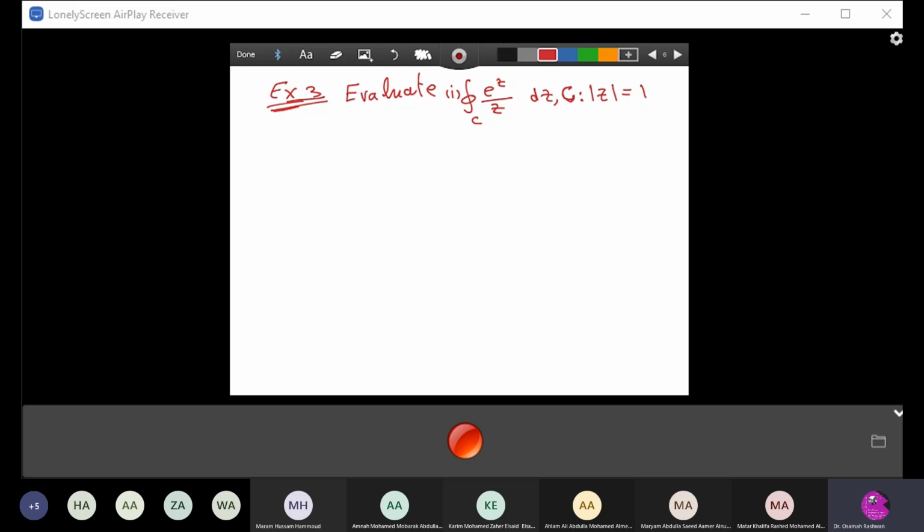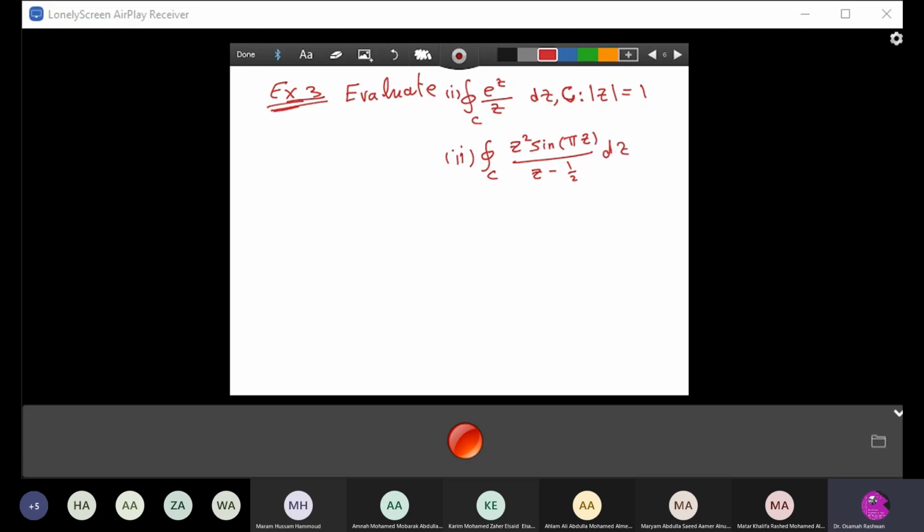Okay, and let's have another one. Z squared sine pi z over z minus half, dz over what?